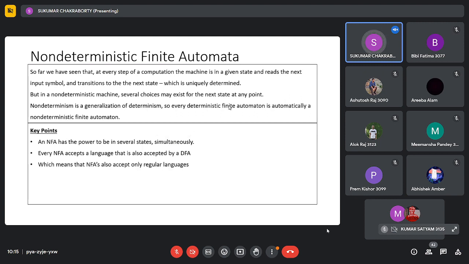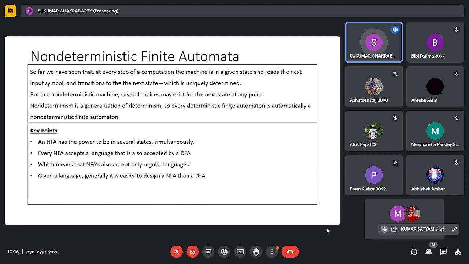For every NFA there exists a DFA, and NFAs also accept only regular languages, because if for every NFA there is a DFA and DFAs only accept regular languages, then NFAs are also only accepting regular languages. So why do we need an NFA?